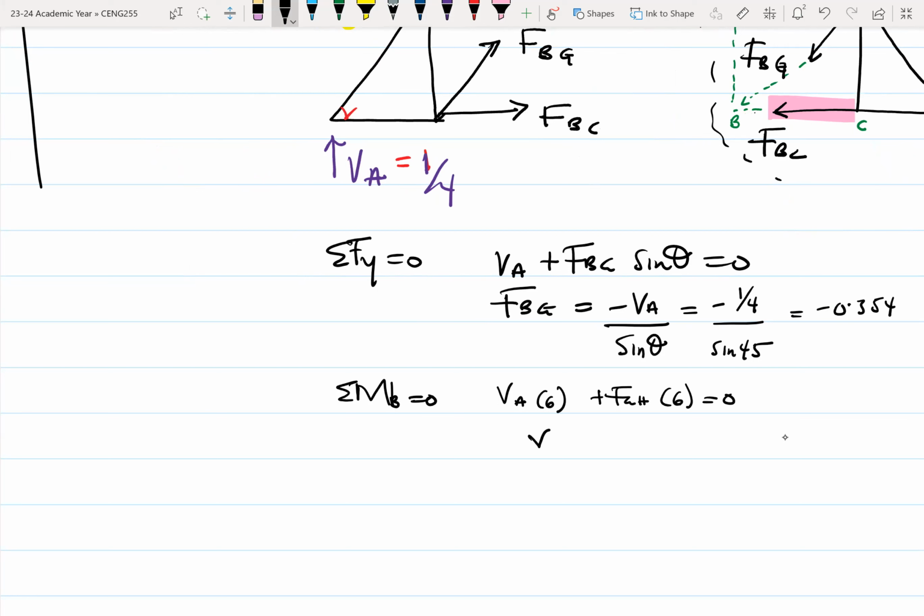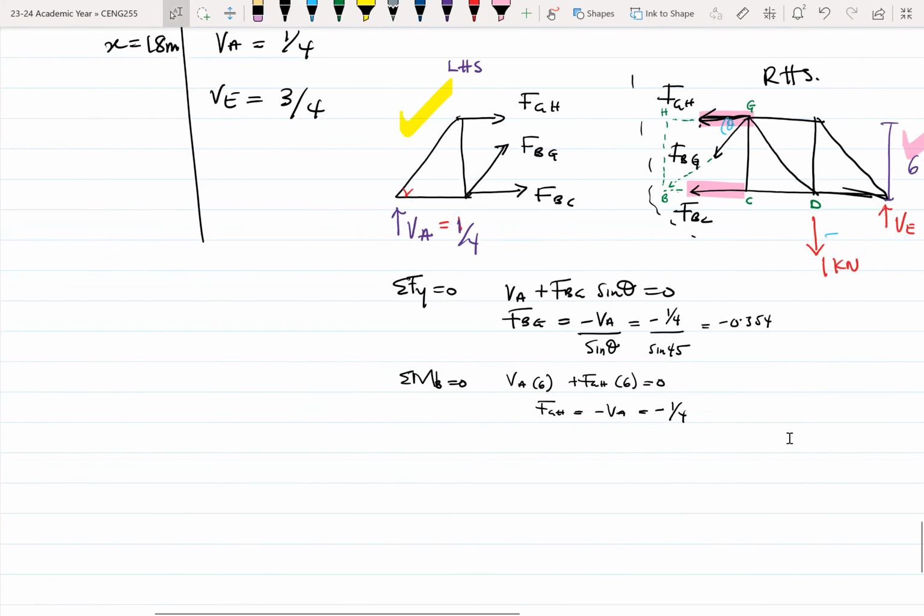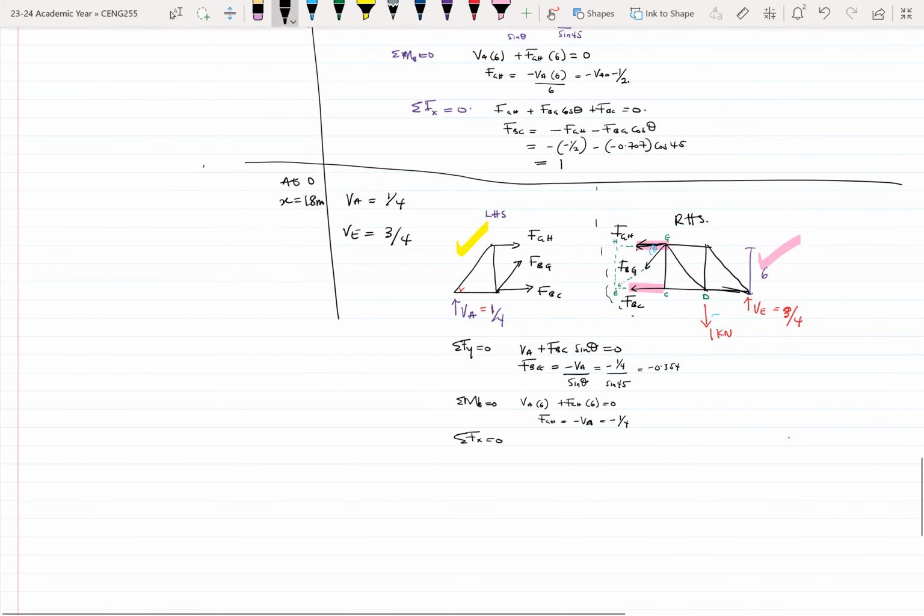And then here we know that our FGH is equal to minus VA. So it becomes minus 1/4. Then if you sum up vertical forces, we already have that equation over here, so I can just pull it out.